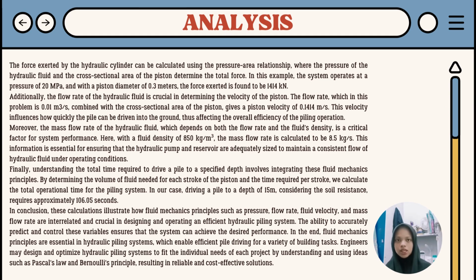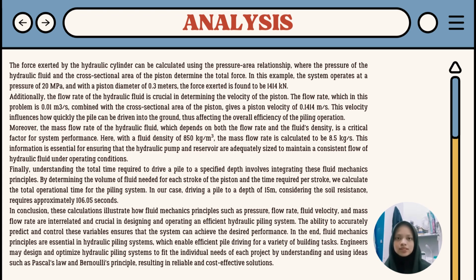Moreover, the mass flow rate of the hydraulic fluid, which depends on both flow rate and the fluid density, is a very critical factor for system performance. Here, with a fluid density of 850 kilograms per meter cubed, the mass flow rate is calculated to be 8.5 kilograms per second.